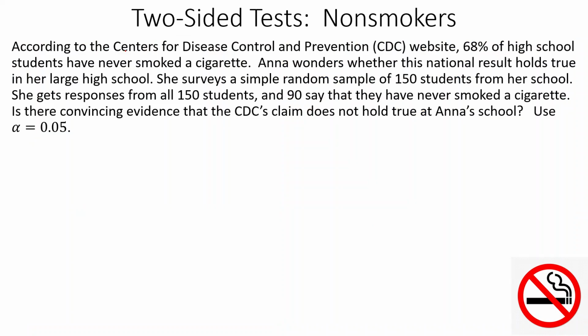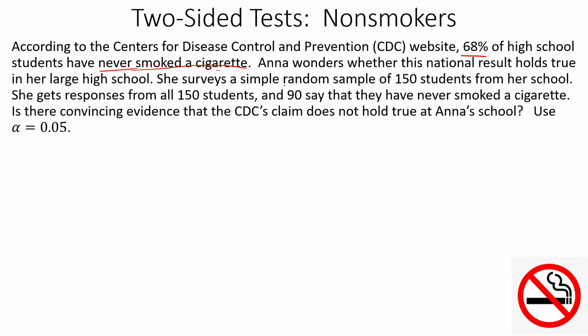Here's an example. According to the Centers for Disease Control and Prevention, or the CDC website, 68% of high school students have never smoked a cigarette. So it looks like we're working with a proportion of students who have never smoked cigarettes, I guess. Anna wonders whether this national result holds true in her large high school.